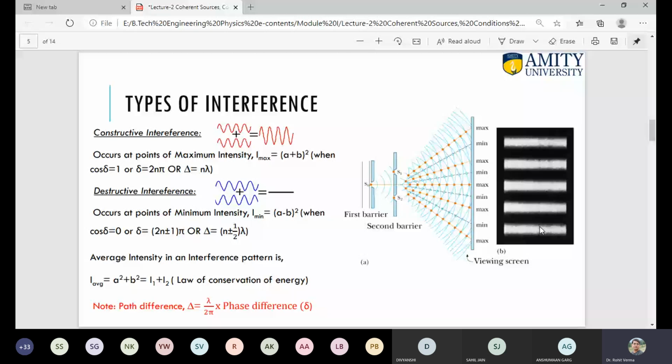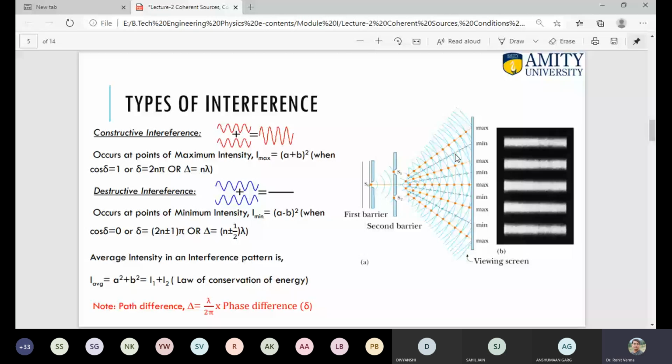So you know that in case of Young's double slit experiment, all those points at which a crest falls over a crest or a trough falls over a trough, if you join all those points, then this particular line is known as the anti-nodal line. And all those points at which a crest falls over a trough or a trough falls over a crest, if you join all these points, then this line is known as the nodal line.